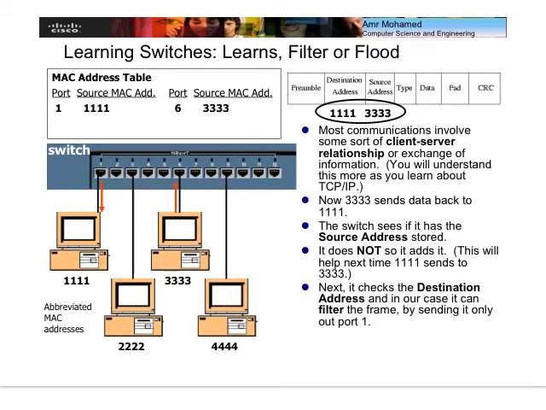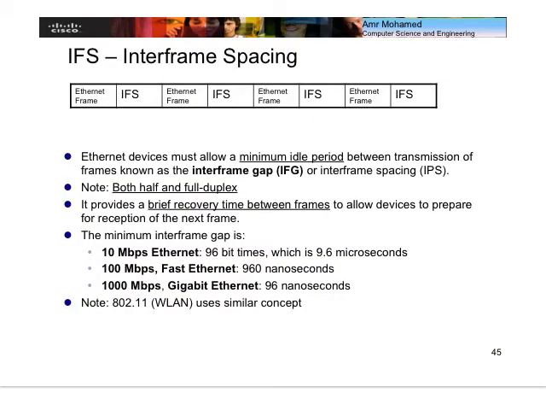But at the beginning, I have to broadcast for some time until I learn which physical address is connected to which port. Okay? Any questions so far? So this is how the switch works and how it learns.